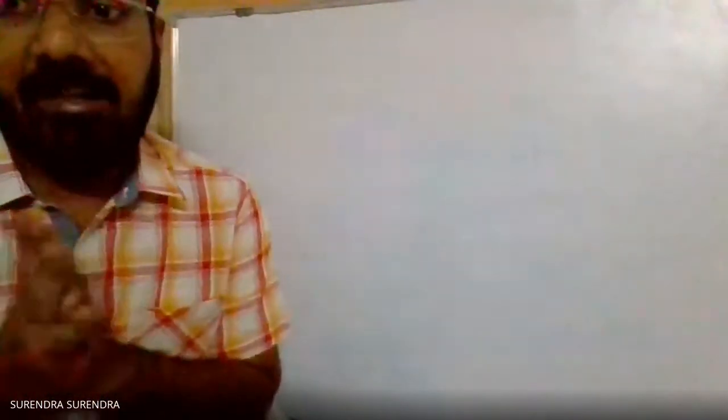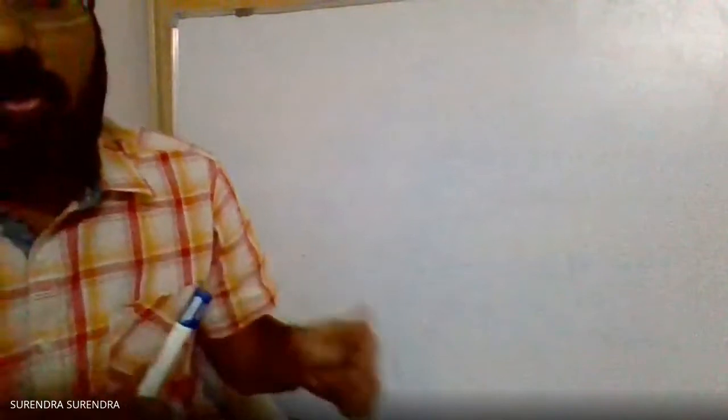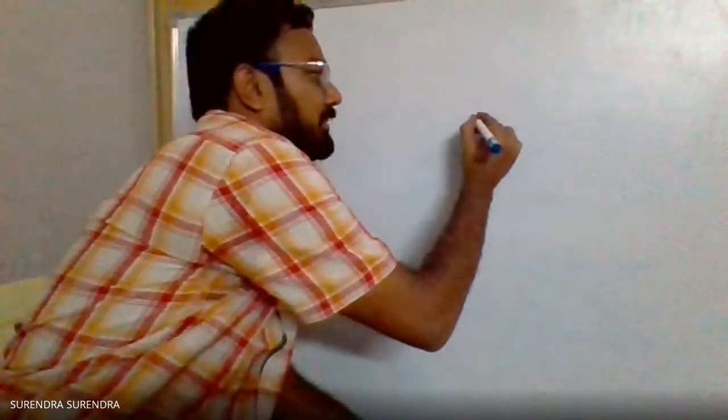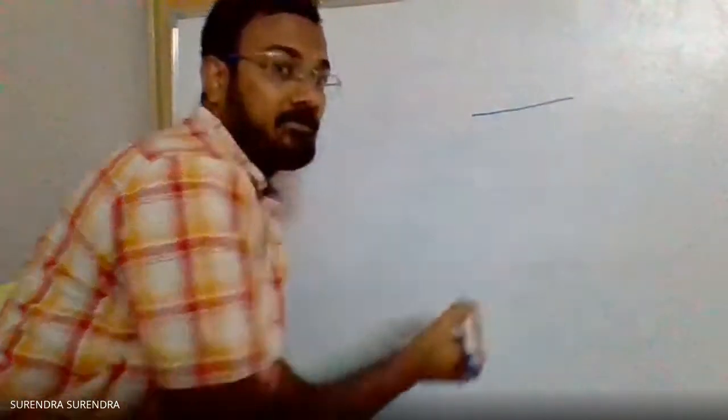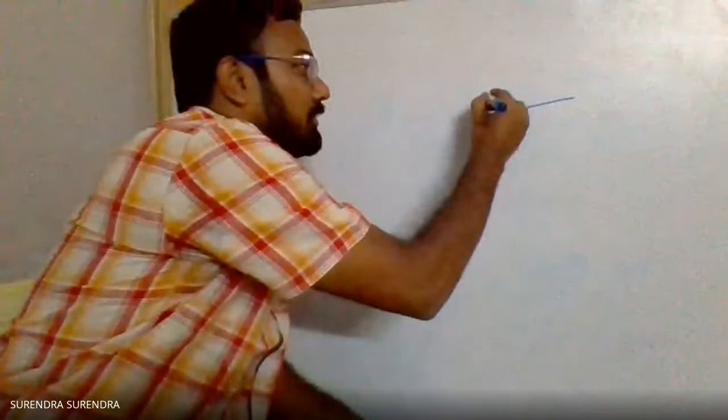A line AB 90 mm long. So it is given as the true length of the line. Before starting the problem, I'm drawing roughly the configuration figure here.